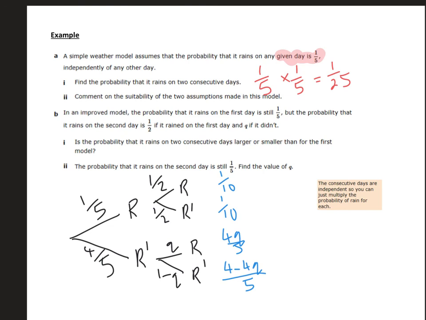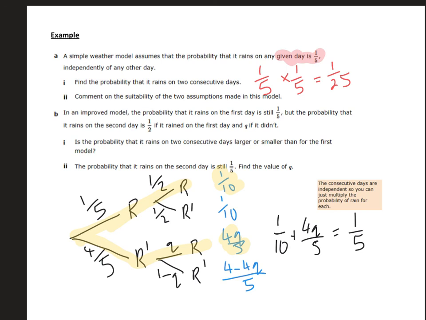And it says the probability of rain on the second day is still 1/5. So which routes give me 1/5? Well, this route it rains on the second day, and this route it rains on the second day. So these two together should give me 1/5. So I have an equation: 1/10 plus 4Q/5 equals 1/5.